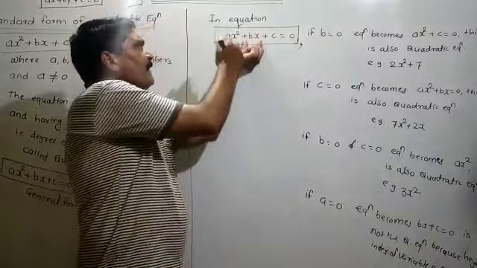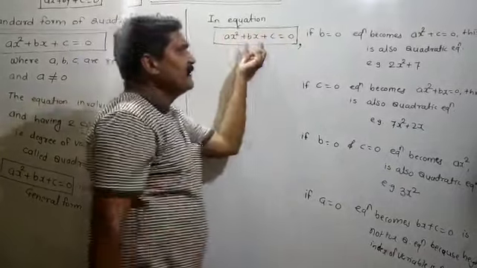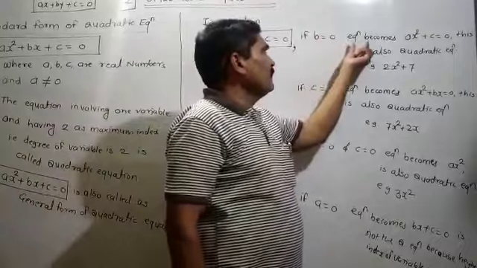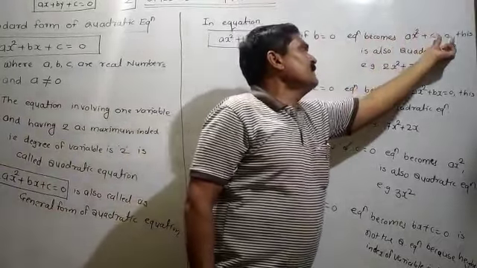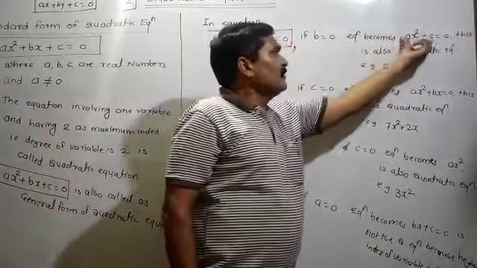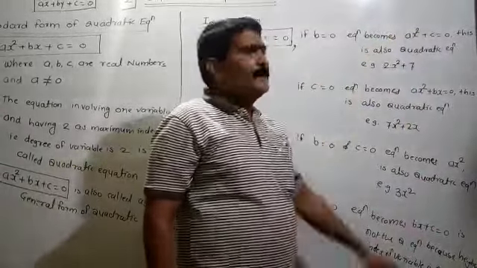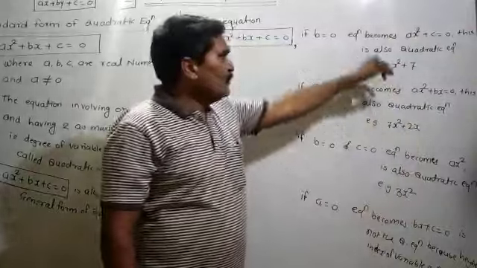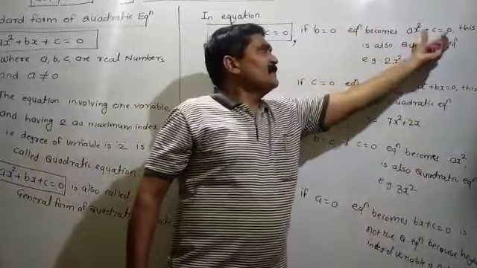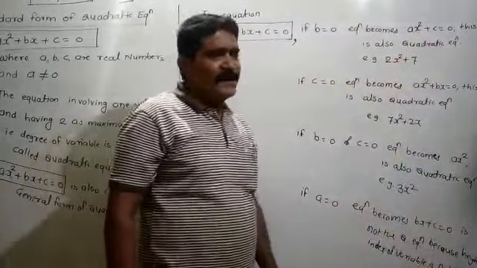At that time, what remains? Only x square plus c remains. So if b is equal to 0, the equation becomes x square plus c is equal to 0. This is also called a quadratic equation, because the highest index of the variable is 2. The degree of this expression is 2. So x square plus c is equal to 0 is a quadratic equation.